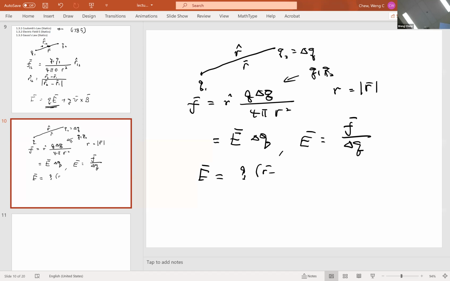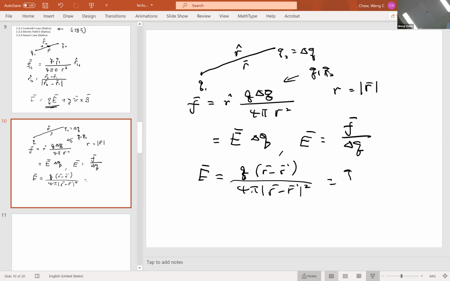If you write it in a coordinate independent fashion, it would be Q (R1 minus R2) over 4 pi epsilon |R1 minus R2| squared.